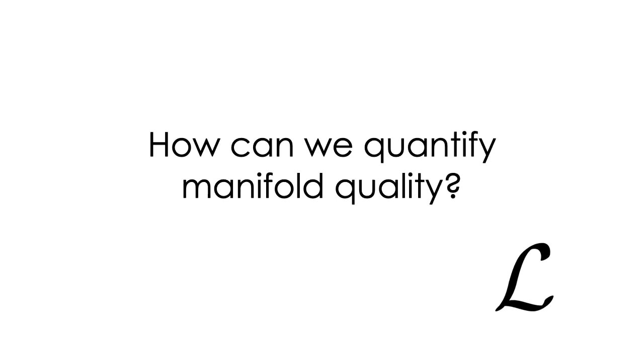So there is a need to quantify all of those topological behaviors that happen on manifolds. And we have come up with a cost function that I'm going to denote with this fancy L letter that allows us to perform quantitative assessments of manifold quality for reduced order modeling purposes.